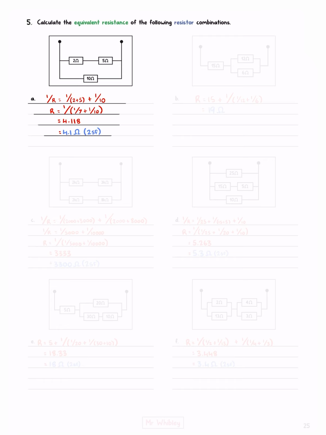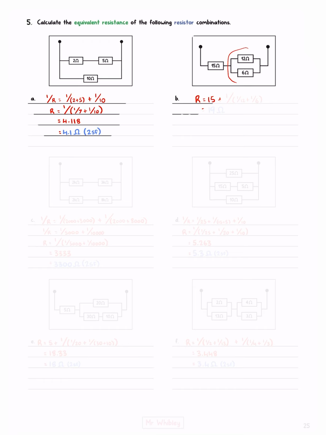to two significant figures. In our next example, we have a 15 ohm resistor in series with a parallel branch containing a 12 and 6 ohm resistor in parallel with each other. So we essentially have two things in series, and series resistances add. So our total resistance is our first object in series, which is our 15 ohm resistor, and the next object is our parallel branch.